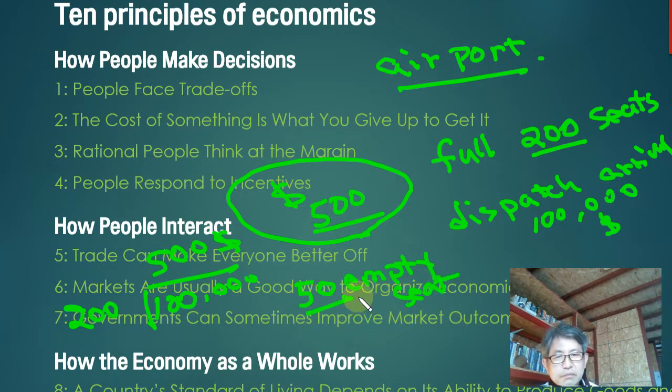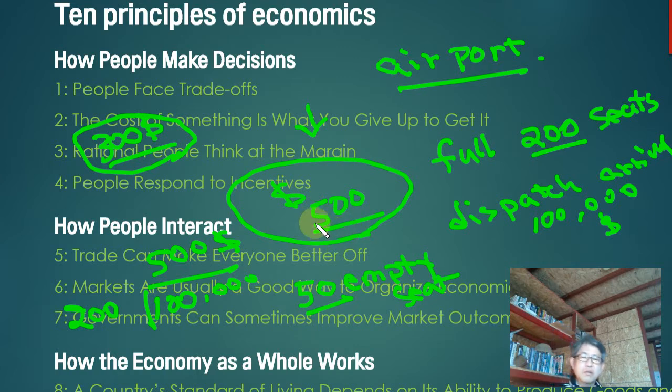Suppose that originally, according to statistical evaluation, the seat should be paid at least 500. But someone comes and suggests 300 for an empty seat, for one seat. Then how does this airline company decide? No doubt they should accept this proposal.